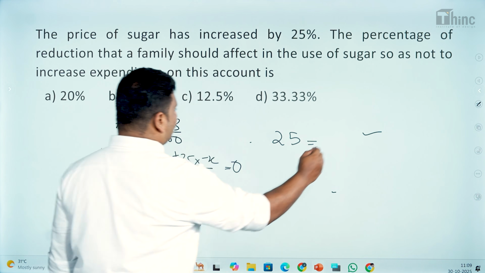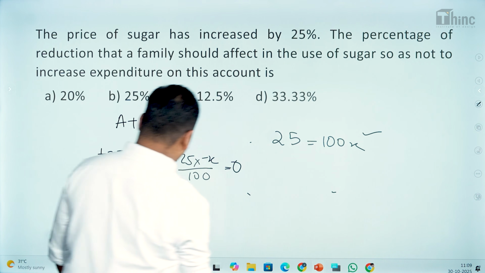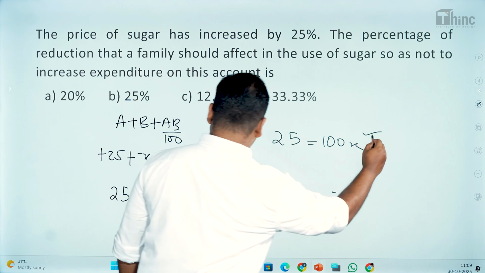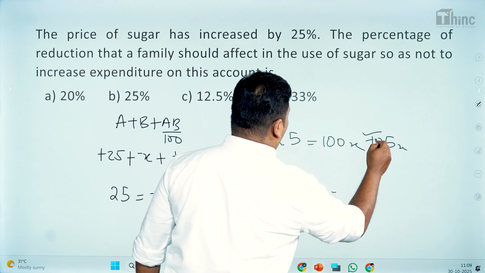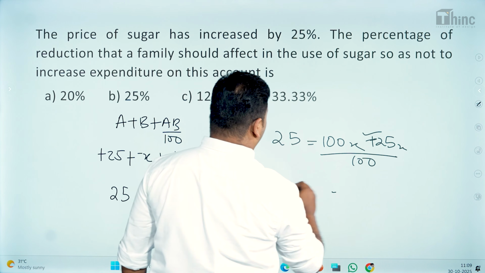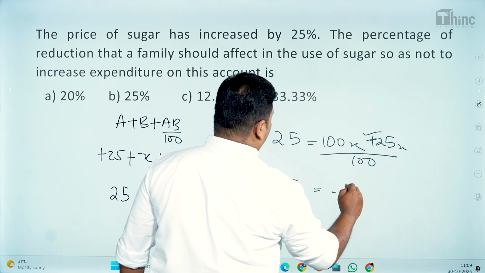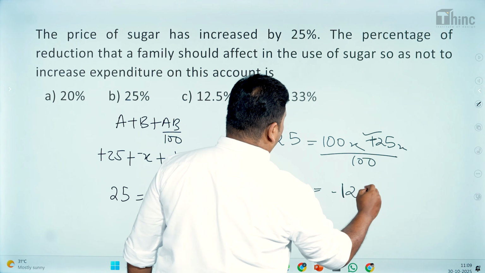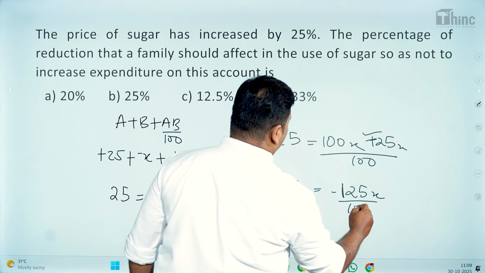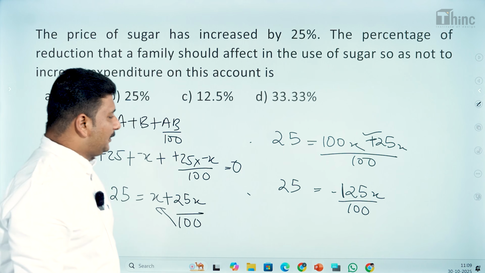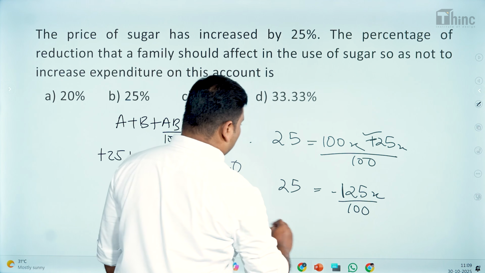so when you solve this, we'll do cross multiplication. 100, we'll cross multiply here, right? 100X plus 25X all divided by 100. So we'll get 25 equals 125X by 100. Now we need to find the value of X. What we can do, we can cross multiply.